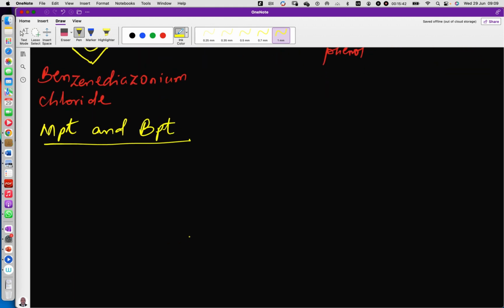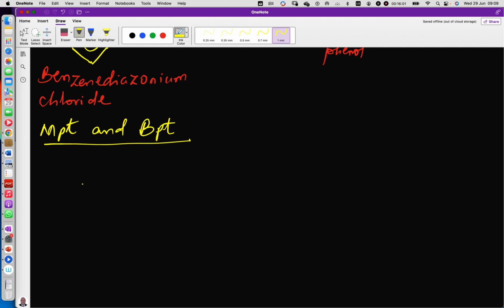If you look critically, you will see that phenol has a higher melting and boiling point than methyl benzene.